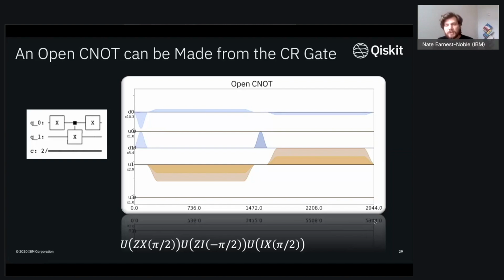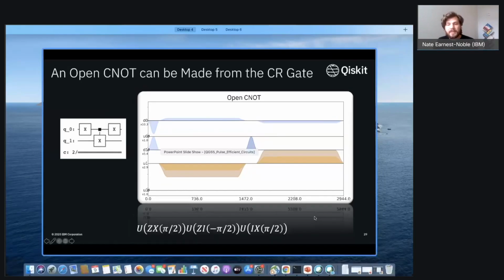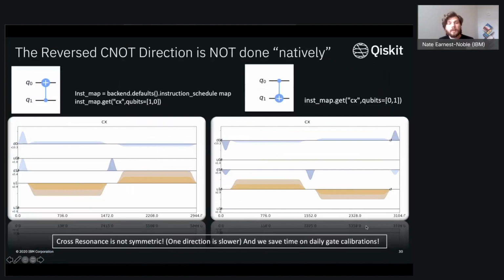Now, another thing that I just generally want to make you aware of is that when you are operating at the circuit level and you think about reversing the direction of your CNOT, you might naively think that what you're actually going to do is switch the underlying interaction. Namely, if I wanted Q1 to be my control qubit, I'll drive Q1 at the frequency of Q0.